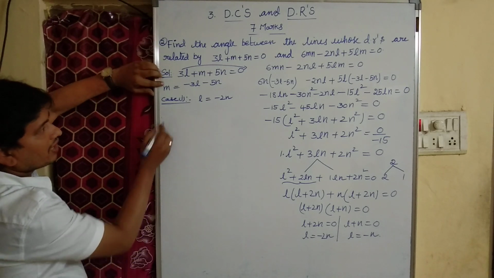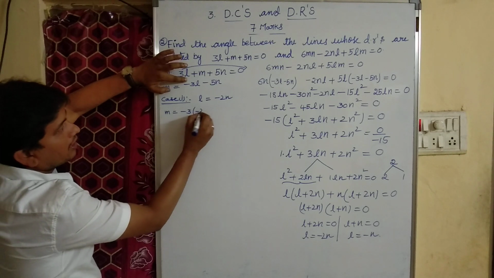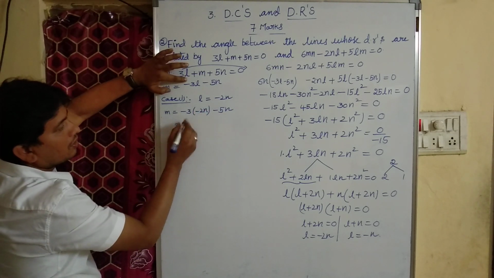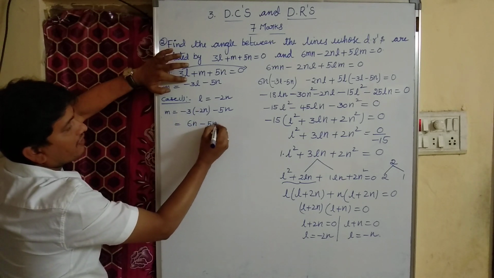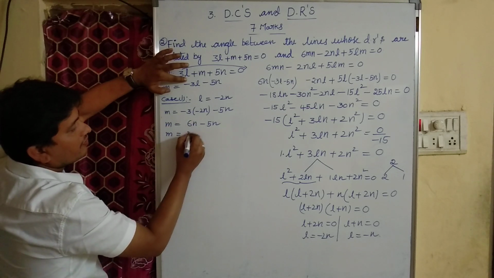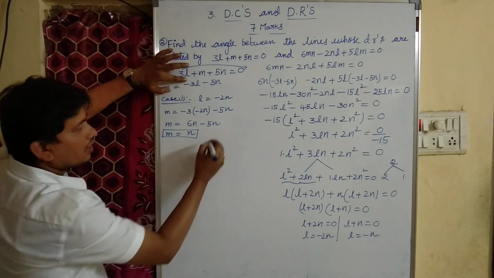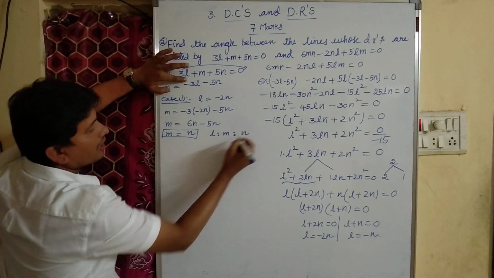Okay. Now let us find the m value. M equal to minus 3 into, in the place of L, minus 2n, minus 5n. Minus into minus plus, 3 into 2, just 6n minus 5n. So m equal to 6n minus 5n, which is equal to n. So we got m value n. Okay. Now let us find whose DRs. L is to m is to n.